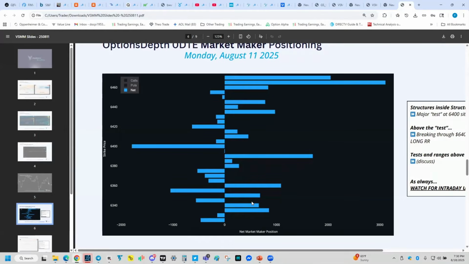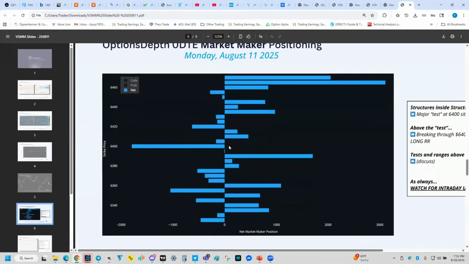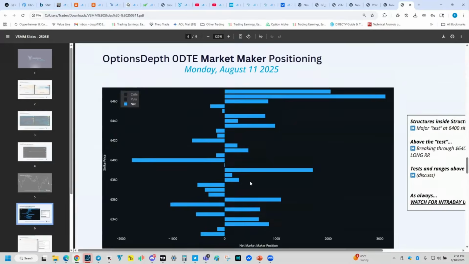Now, maybe later in the day, things would change. Or if we're up here, well, then this is probably going to work. But if we're too close to that, then this could easily break. And then you have this pretty long zone down here until you have some support coming in.